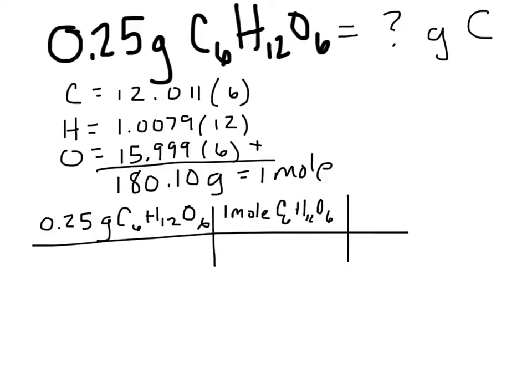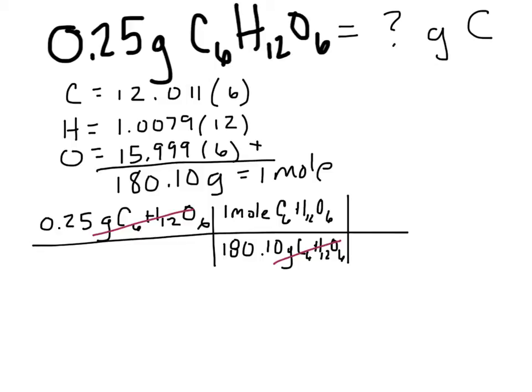C6H12O6, there are 180.10 grams of C6H12O6. So at this point I can cancel out the grams of C6H12O6. Now I'm into moles.